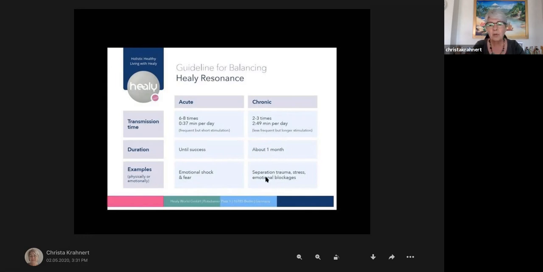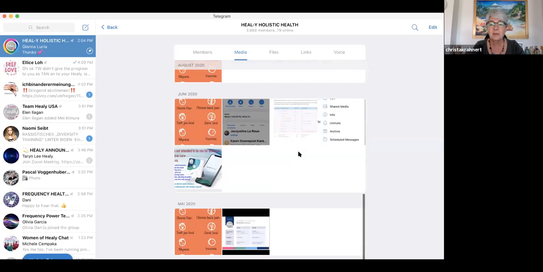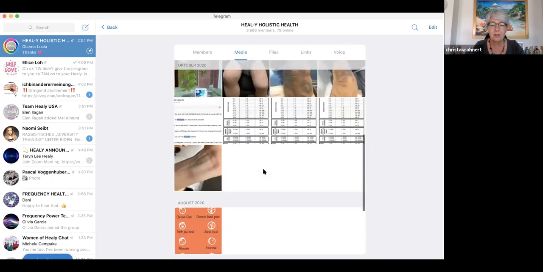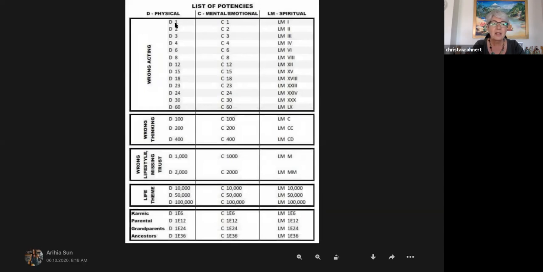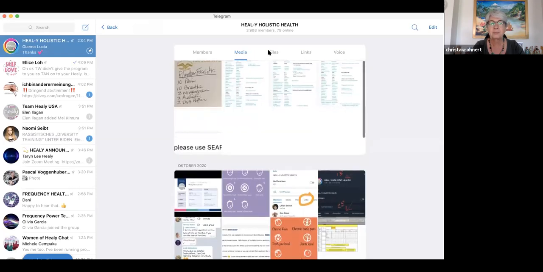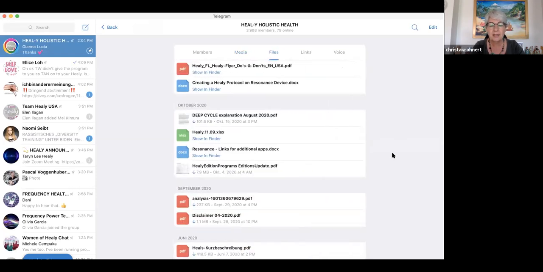And it is all about separation, trauma, stress, emotional blockages that belong to or happened in the past. So it's pretty simple, right? As well, what does it mean if in the aura scan you have the different potency? Where does it belong to? There's really not much you can't find.